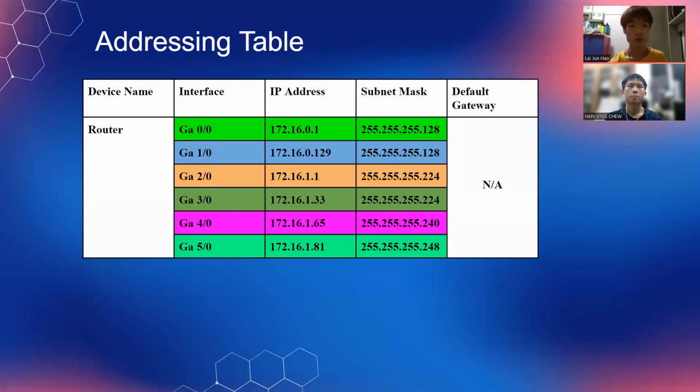For the addressing table, we are going to use the gigabit interfaces.